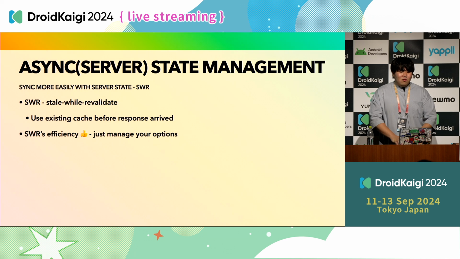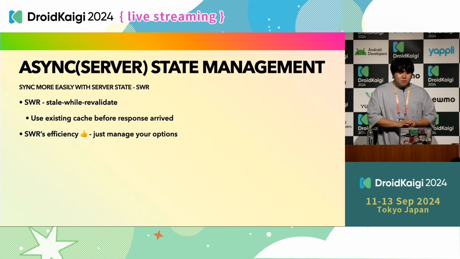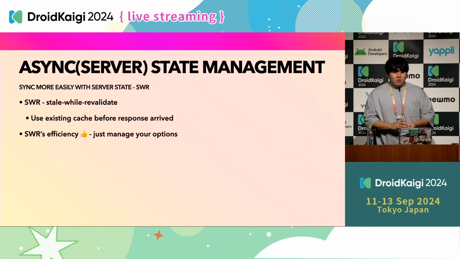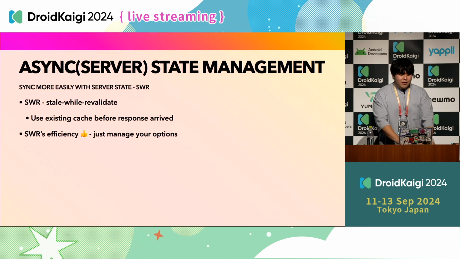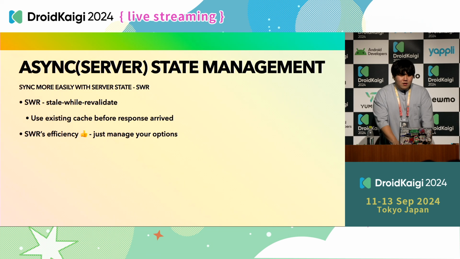By handling data using the SWR strategy, you won't need to spend much effort managing API response caching. Additionally, since the strategy can be adjusted with options tailored to your service, you can manage API requests and responses more efficiently.